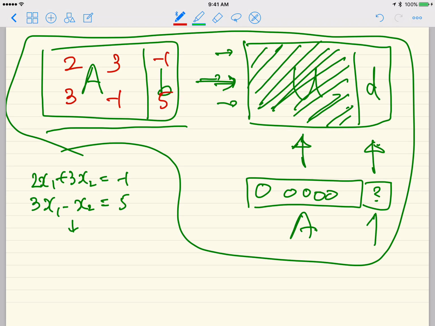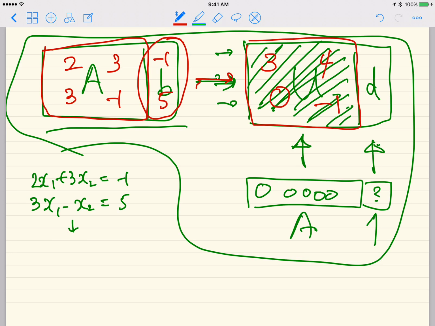So we are considering this kind of augmented matrix, and then suppose we converted it to echelon form. In this echelon form, we do not care about what these values are, but in this part, which corresponds to those coefficient values, suppose we have an echelon form like 3, minus 1 and 0 and 4.